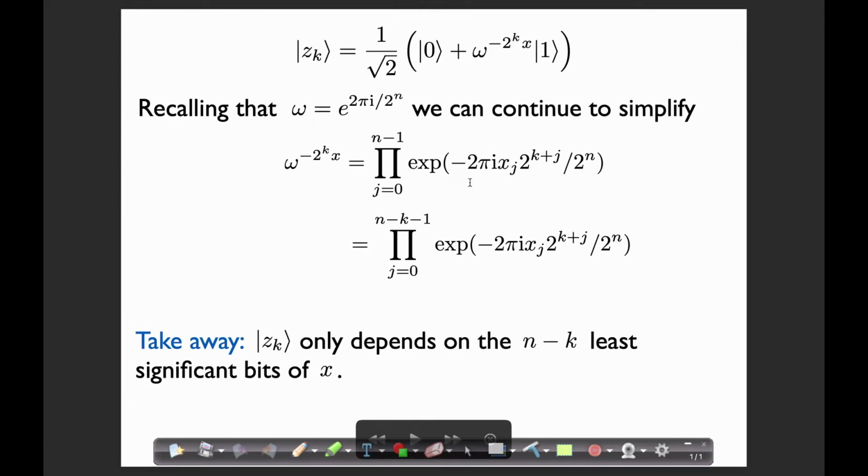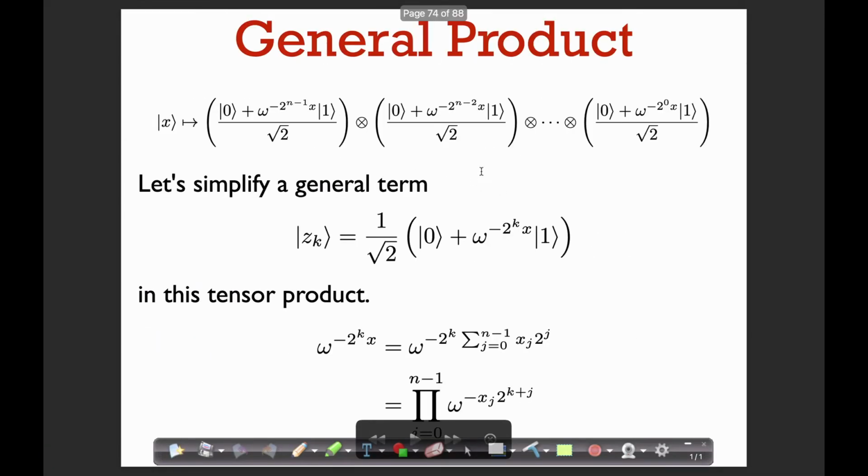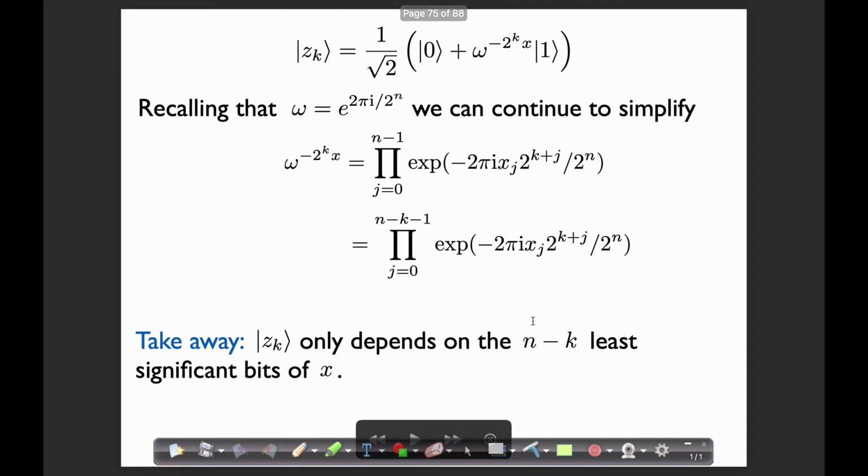Okay, so from the previous slide, we have a product from j is 0 to n minus 1 of omega to the minus xj times 2 to the power k plus j. Now let's just remember again what omega is. That's going to help us simplify this term. So omega is e to the minus 2 pi i over 2 to the n. So I just plug that in to the expression from the last slide.